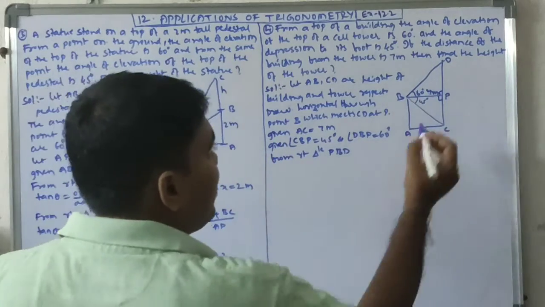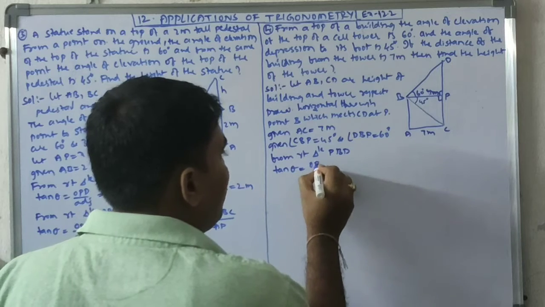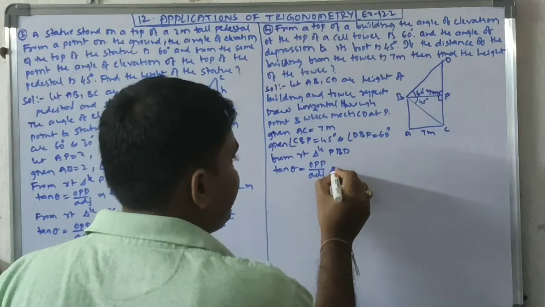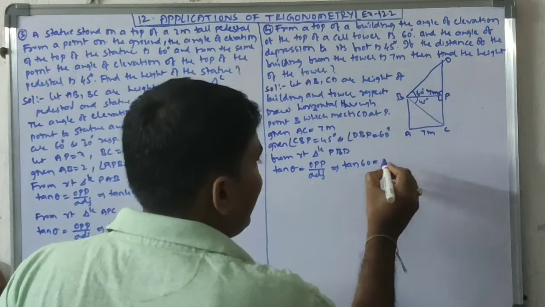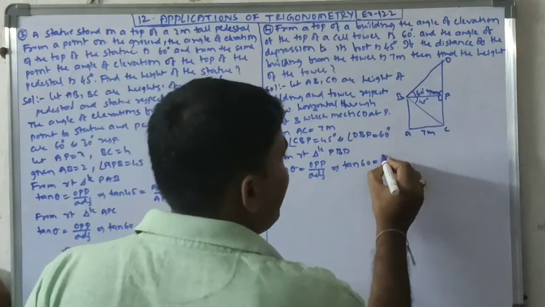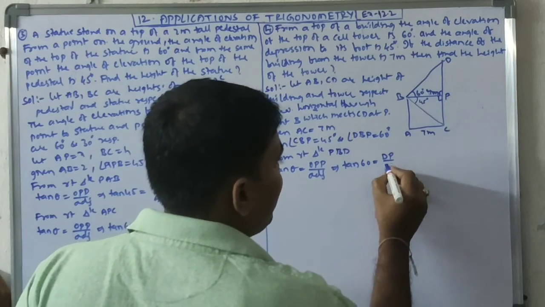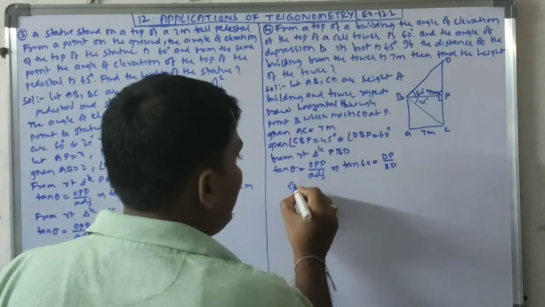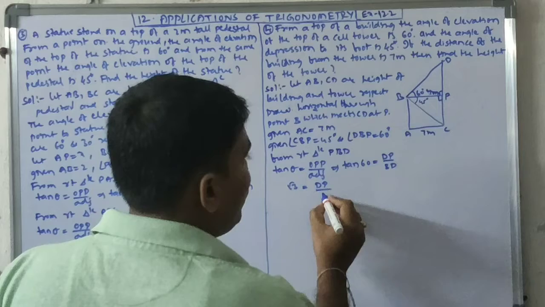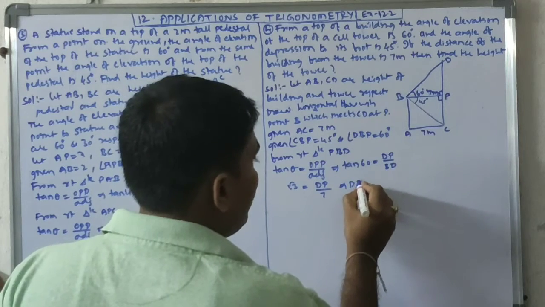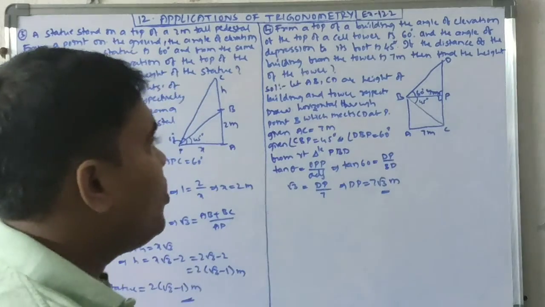This is opposite, this is adjacent. Tan theta equal to opposite by adjacent. Tan 60 equal to opposite DP by adjacent BP. So tan 60, which is root 3, equal to DP by 7. So DP equal to 7 root 3 meters.